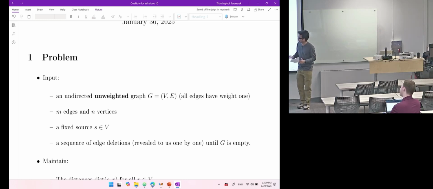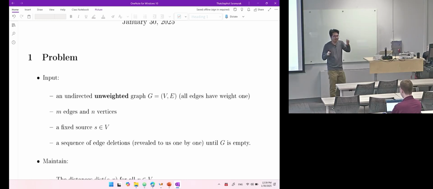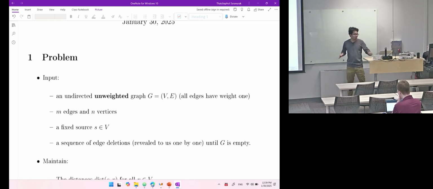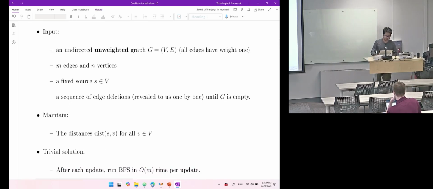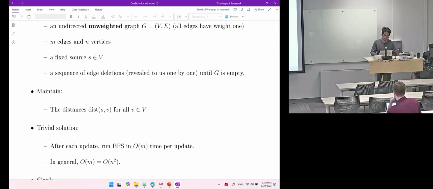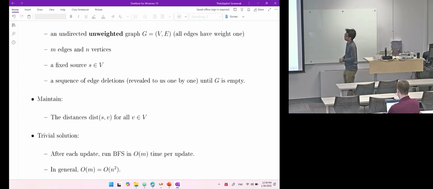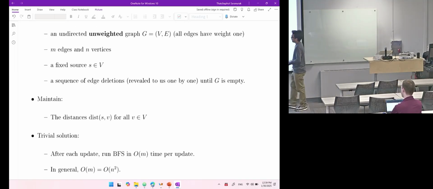What you want to do is, after each deletion, maintain the distances correctly after the update. The trivial solution for this problem is that after each update, you just do BFS from the source, and that takes linear time per update.